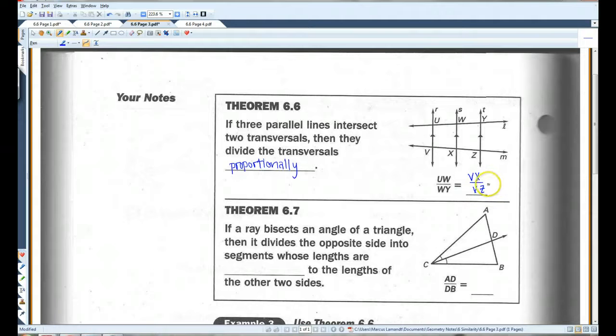Okay? If a ray bisects an angle of a triangle, then it divides the opposite side into segments whose lengths are proportional to the lengths of the other two sides. So, AD over DB equals CA over CB.